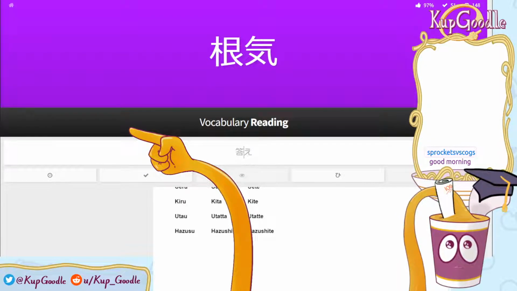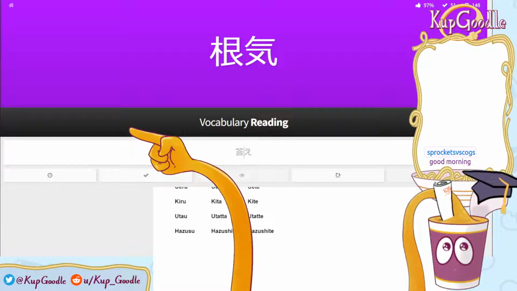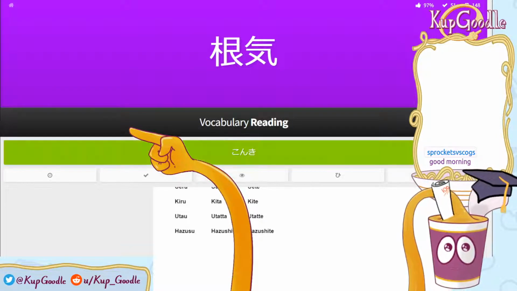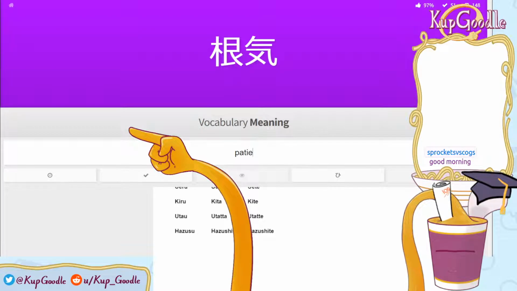That is konki. Root energy. Konki is patience.